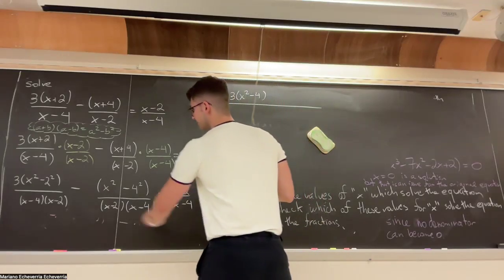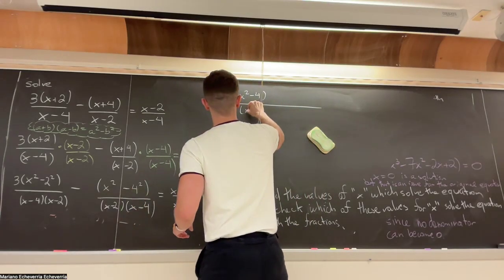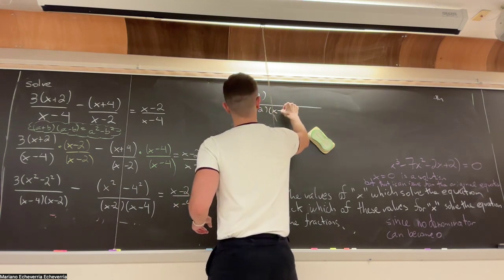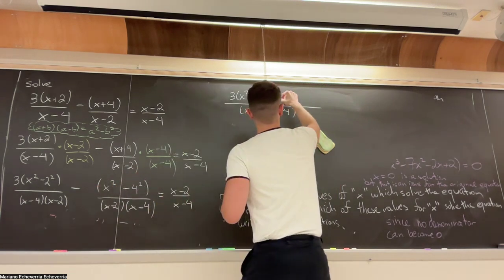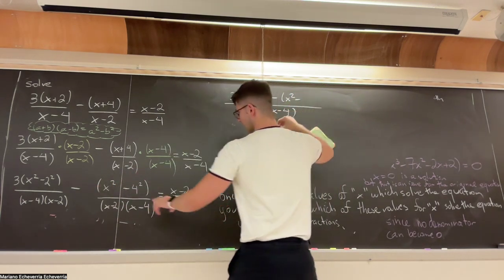Let me combine them all with a single denominator already, because that's what we did this for. And then I'm going to subtract this. This is a 16.